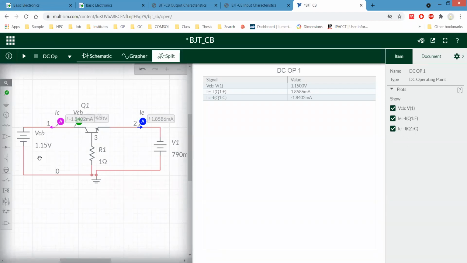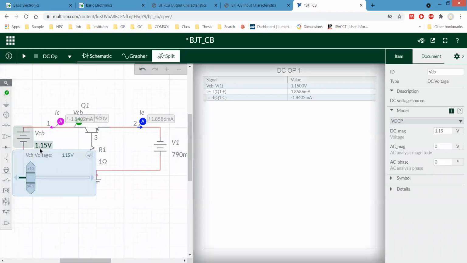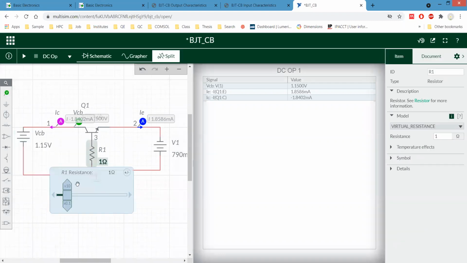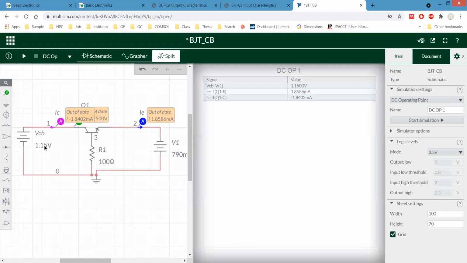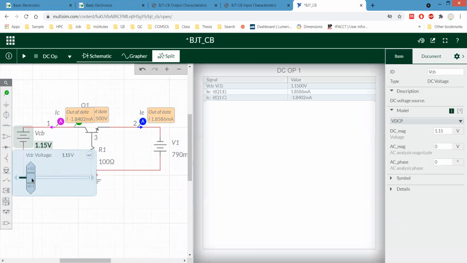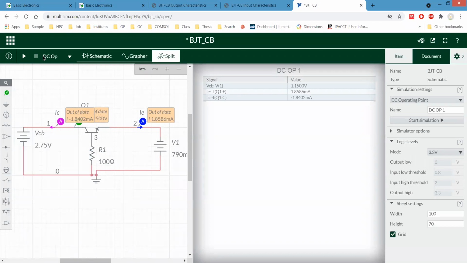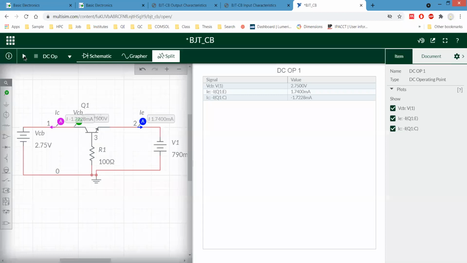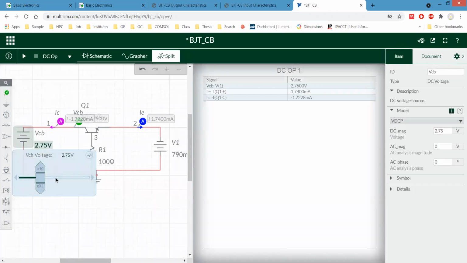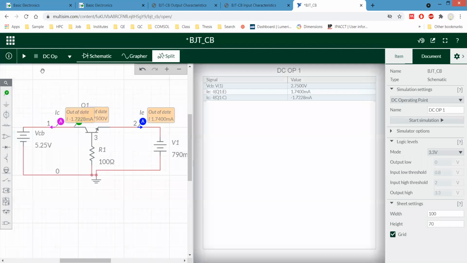Current IE is 1.85 milliamps and our IC is 1.84. Now increase this value. If we change this to 2.75, let's see whether it is saturated or not. I think the value changes due to that limiting resistor.